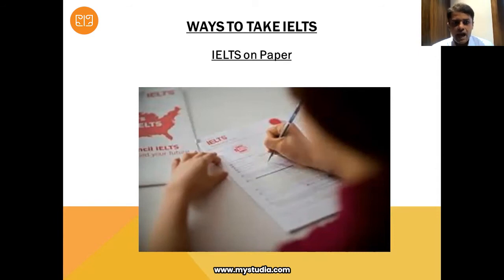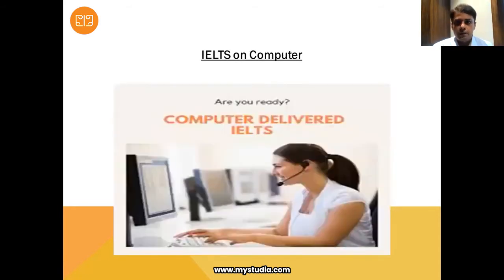This entire test happens in the official test center of IELTS, and the entire examination is taken in one go without any breaks. However, the speaking examination is not conducted on the same day; it is conducted separately on a different day.